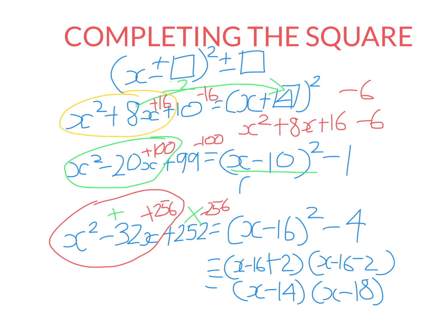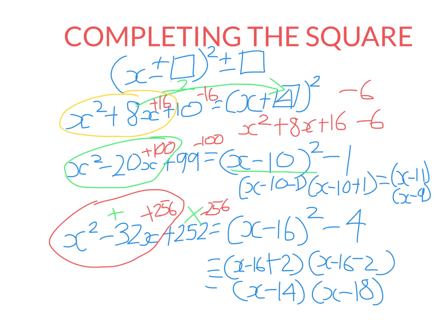We could go (x minus 10 minus 1), (x minus 10 plus 1). Using difference of two squares, that gives us (x minus 11)(x minus 9). We're able to do that because it was the difference of two squares, (x minus 10) squared minus 1.